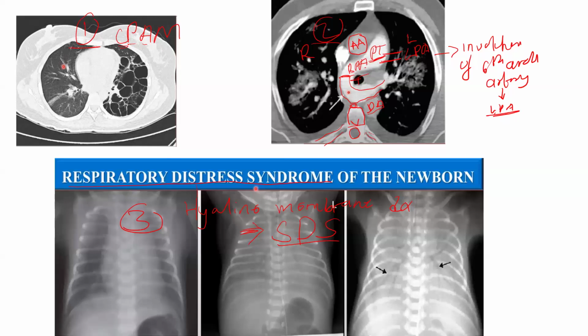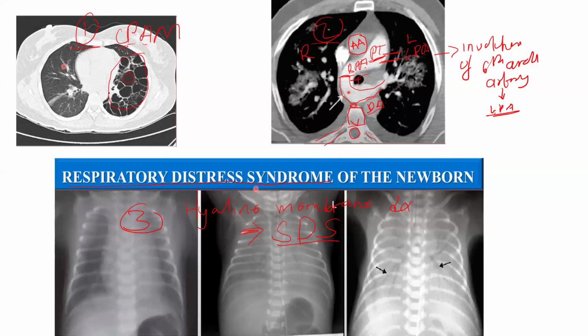Close but not correct. It's the congenital pulmonary airway malformation, and it is due to abnormal proliferation of the terminal respiratory units. That terminal respiratory unit proliferates abnormally, and it presents with cysts, macrocysts and some microcysts. It presents as cystic structures without proper alveolar formation, and you can see it there on the left lung.